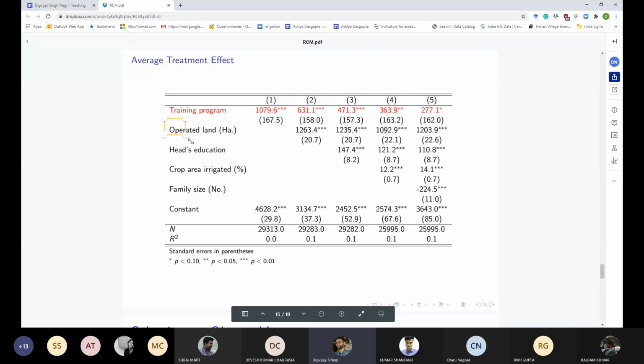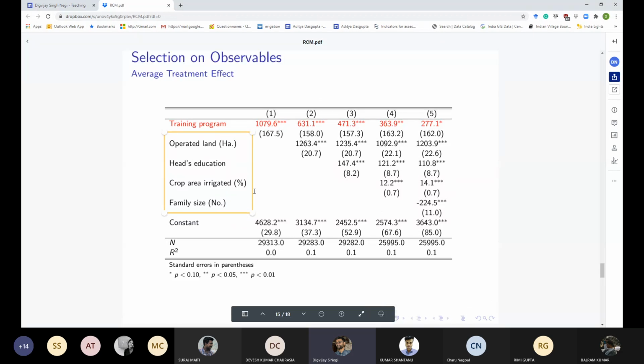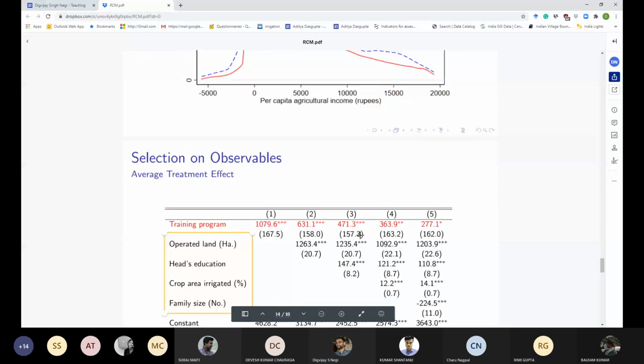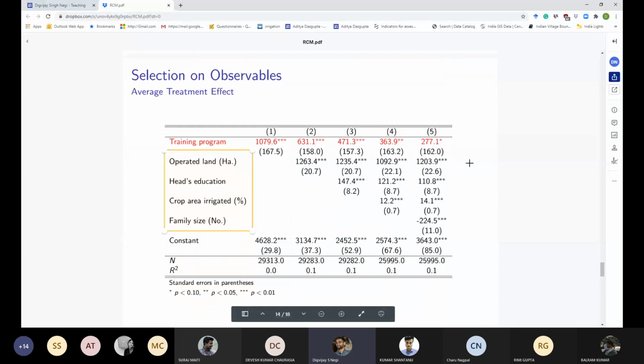And now these are some observed variables. These variables go into that control vector X_i. So for example, you can control for how much land these farm households have, the operated area in hectares.